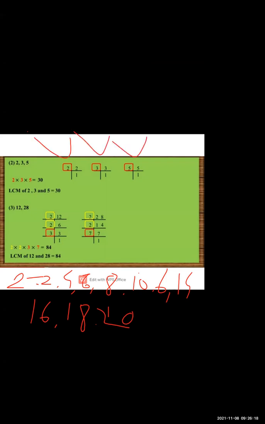You have to follow this method only. Don't do two methods, do this method only.